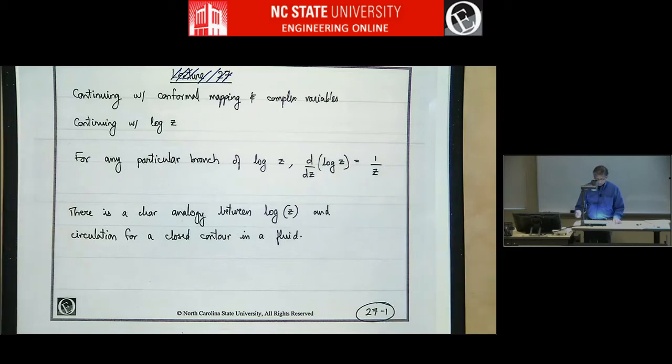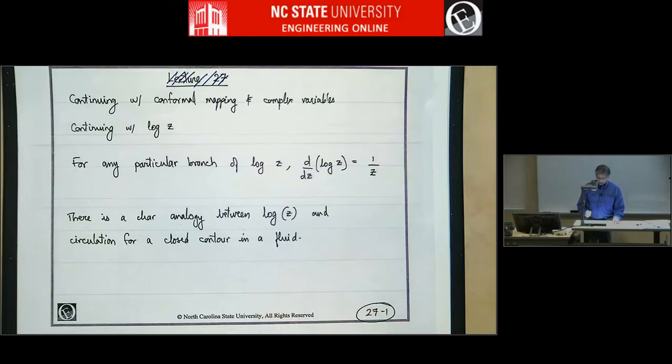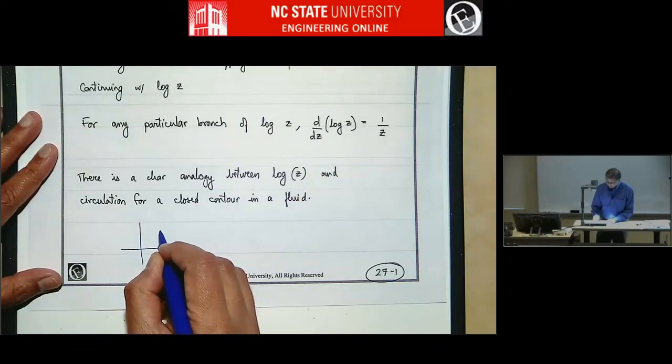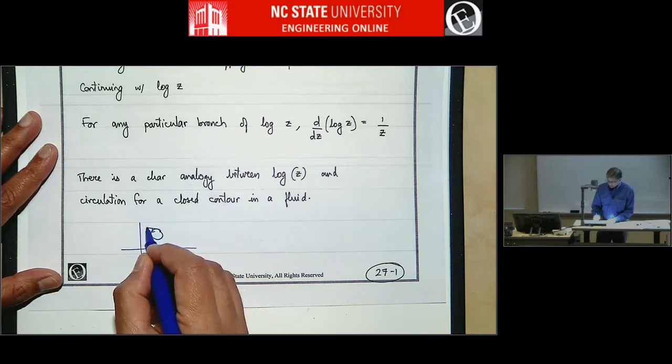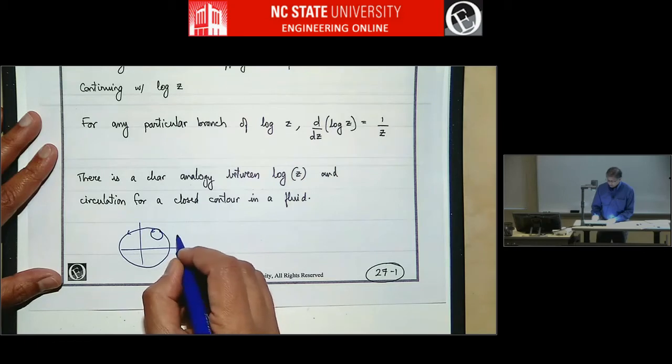We talked about how there is a connection between log z and how circulation behaves for a lifting body. So there is a clear analogy between log z and circulation for a closed contour in a fluid. Just like in log z, if you go around like this, log z doesn't change, but if you go around in a contour like this, log z increases by 2 pi i.